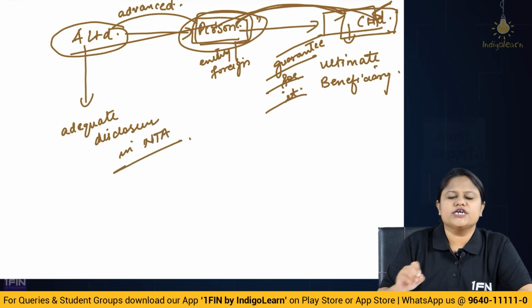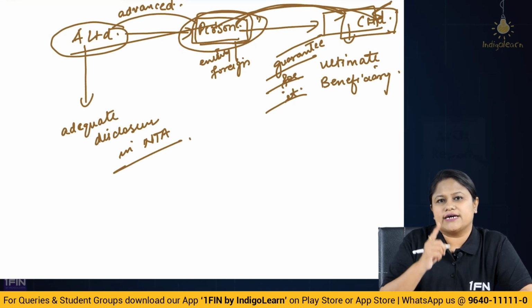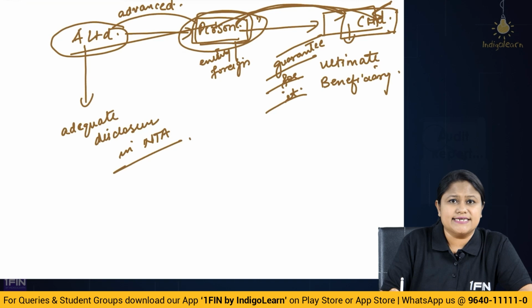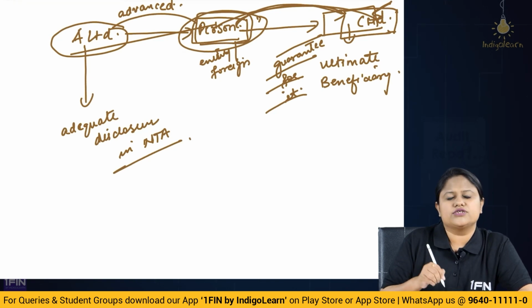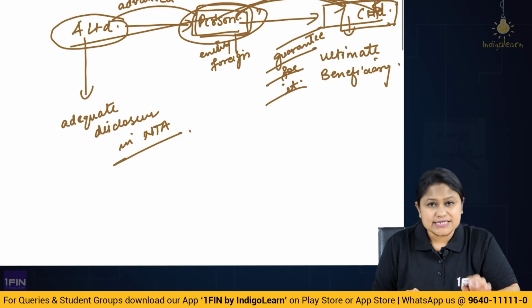And what the disclosure is, we are going to read now. Based on that understanding, we as auditors have to verify whether, when such a transaction is present, this company has adequately given all the disclosures as required by law. Clear? All right.